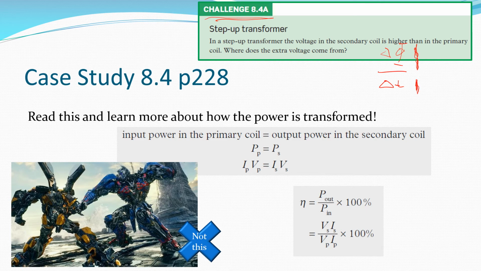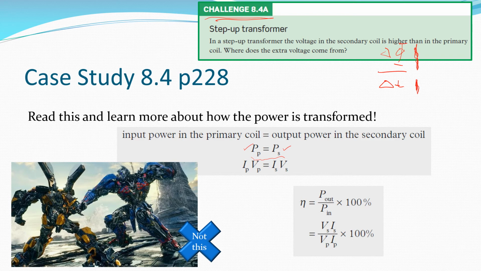All right, and we know that whatever power is going into the primary coil is the same as what's in the secondary coil. So the power in the primary is the power in the secondary. Now obviously it's not 100% efficient and there is some loss, but you obviously can't have more in the secondary than what you have in the primary.